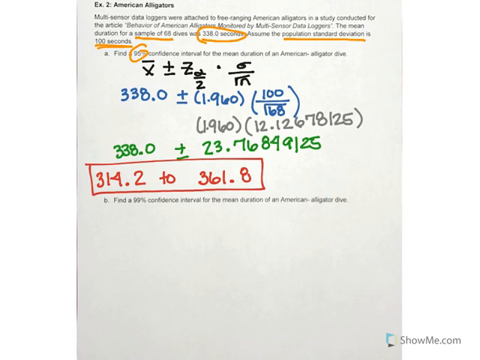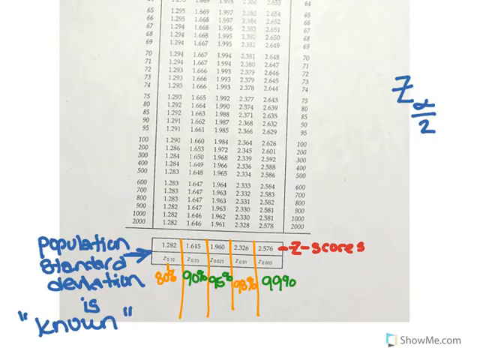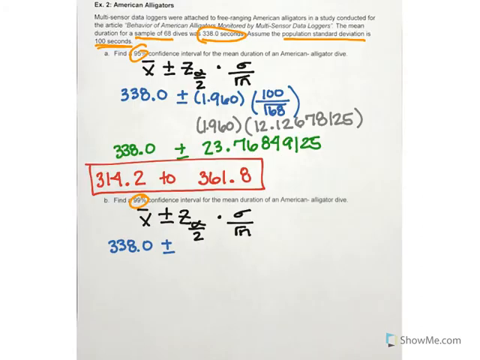On part B, we're going to use the same information. We're just going to change our z-score to match 99%. So, putting that formula back down here, plugging it in. 338 plus or minus, from our chart, 99% is 2.576.